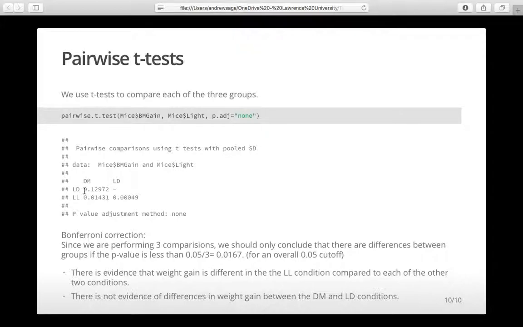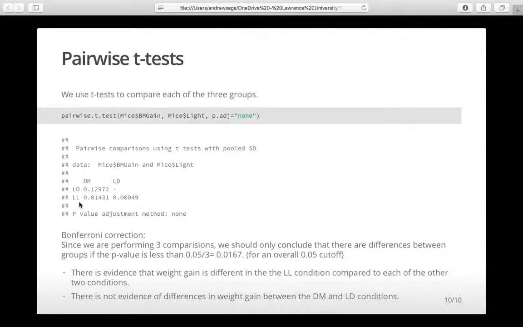So in this first cell in the table, I see a p-value of 0.12972, which corresponds to a test for whether there are differences between the light-dark setting, the standard setting, and the dim-light setting. The fact that the p-value is relatively large, it's bigger than 0.1, tells us that we don't have evidence to conclude that there are differences between the standard setting and the dim light setting.